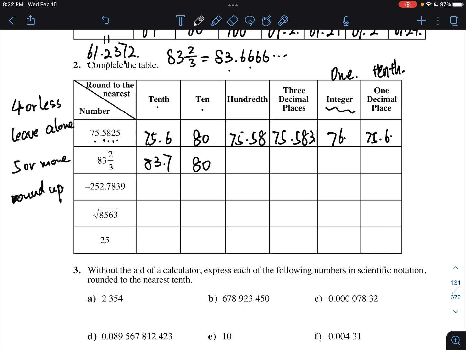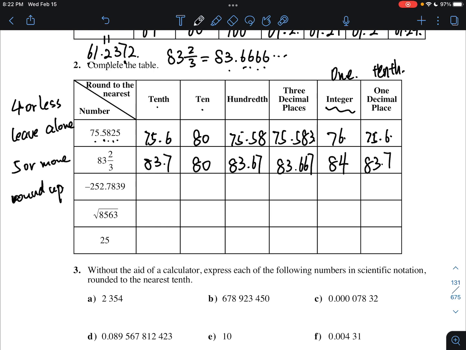And for hundreds, we need to look at the thousands. Thousands is 6. 6 is 5 or more, so round up, so it's 67. And for the 3 decimal places it is still 6, 5 or more, so we round up, it's 83.667. And for the integers, we need to look at the 6. So 6 is still 5 or more, round up is 84. And for the last one, 1 decimal place is tenths, so it's 83.7.